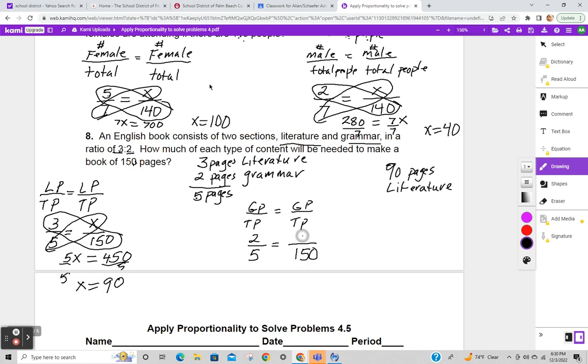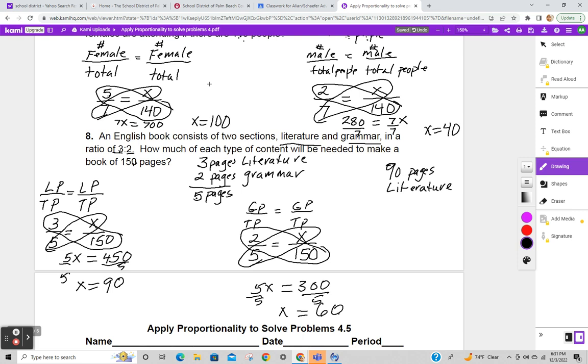How many total grammar pages? That will be x. We can take the cross product. 5 times x equals 2 times 150, which is 300. Divide by 5. x equals 60. So we have 90 pages of literature, 60 pages of grammar in this book.